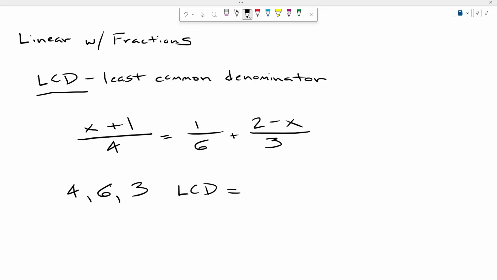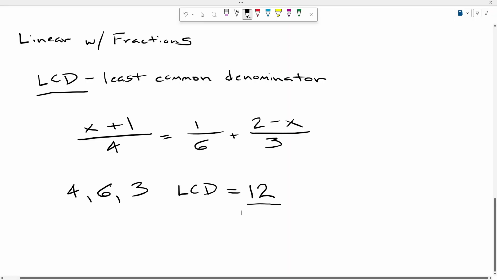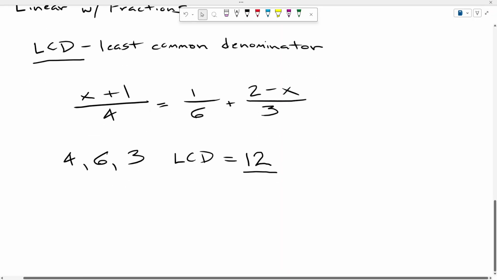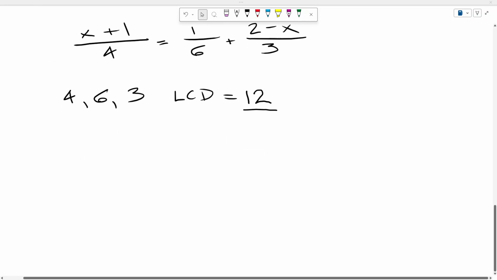But what if we try 12? Well, 3 and 4 are factors of 12, and 6 goes in evenly, 6 times 2. So it looks like 12 is going to be our LCD in this case that we're going to use to get rid of our fractions.